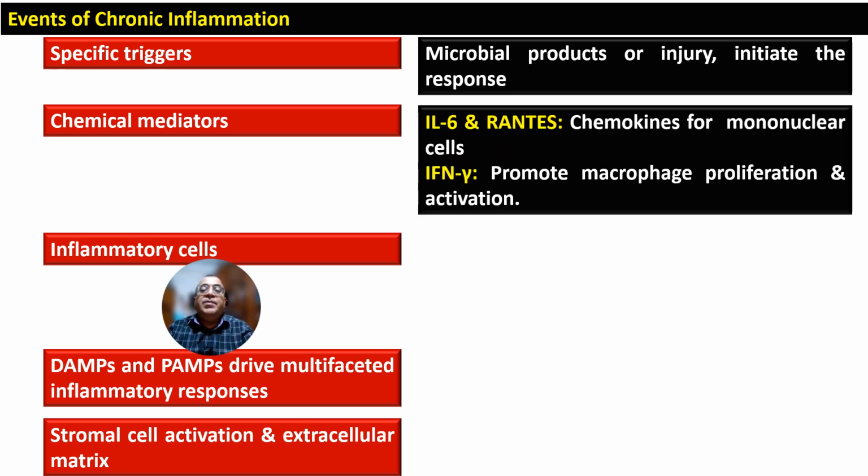Then the role of the chemical mediator is to recruit and activate inflammatory cells. The coagulation and complement generate the peptides that prolong the inflammation, while cytokines such as interleukin-6 and RANTES switch chemokine signals to recruit mononuclear cells. RANTES is regulated upon activation, normal T cell expressed and presumably secreted.